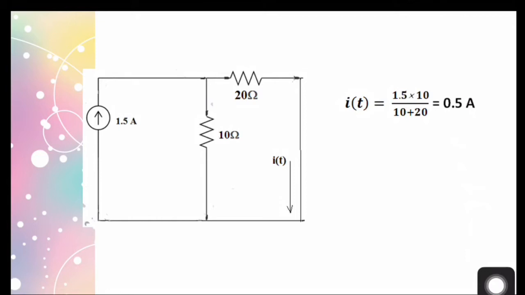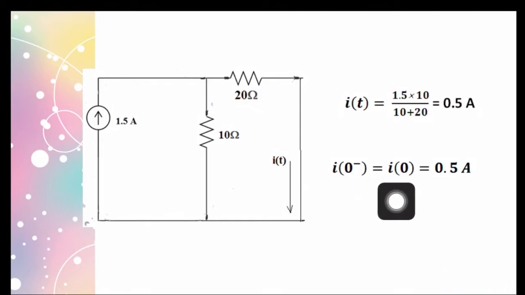As you know, an inductor opposes any sudden change in current through it. So, even if we close the switch at t equal to 0, the current through the inductor remains the same. That is, I(0 minus) is equal to I(0) is equal to 0.5 amperes.